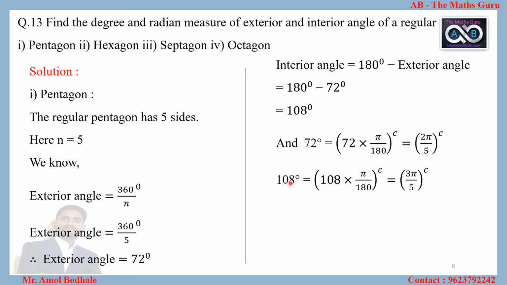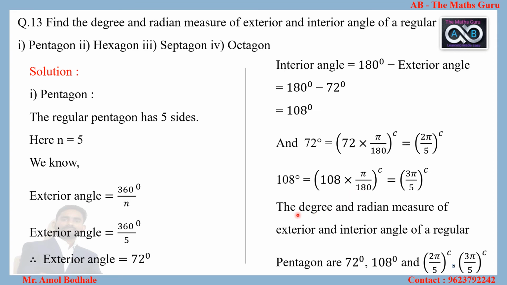And 108 degree can be written as 108 into pi upon 180 radian. 108 and 180 are both multiples of 36. 36 3s are 108, 36 5s are 180. So 3 pi upon 5 radian. So here we get the degree and radian measure of the exterior and interior angle of a regular pentagon, which is 72 degree, 108 degree in degree measurement, and 2 pi upon 5 radian, 3 pi by 5 radian in radian measurement.